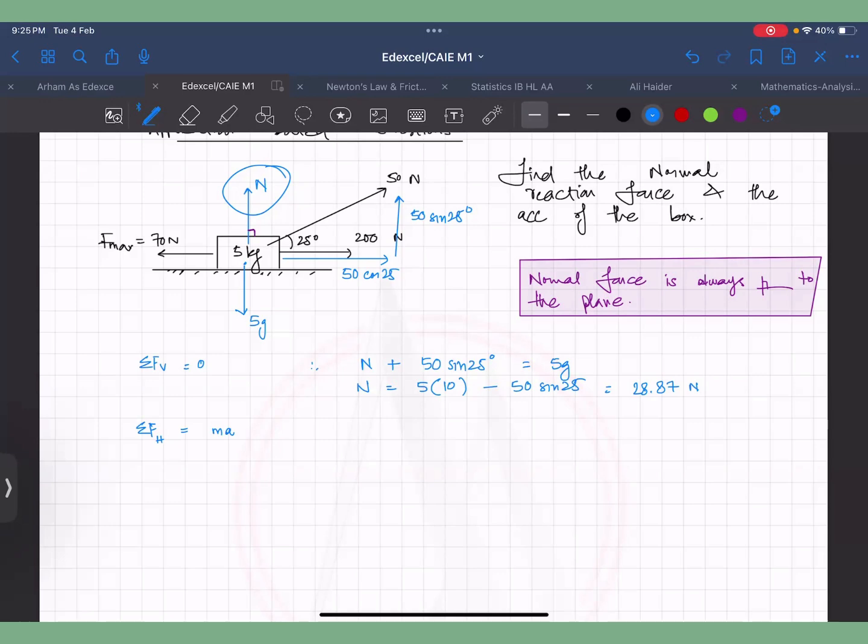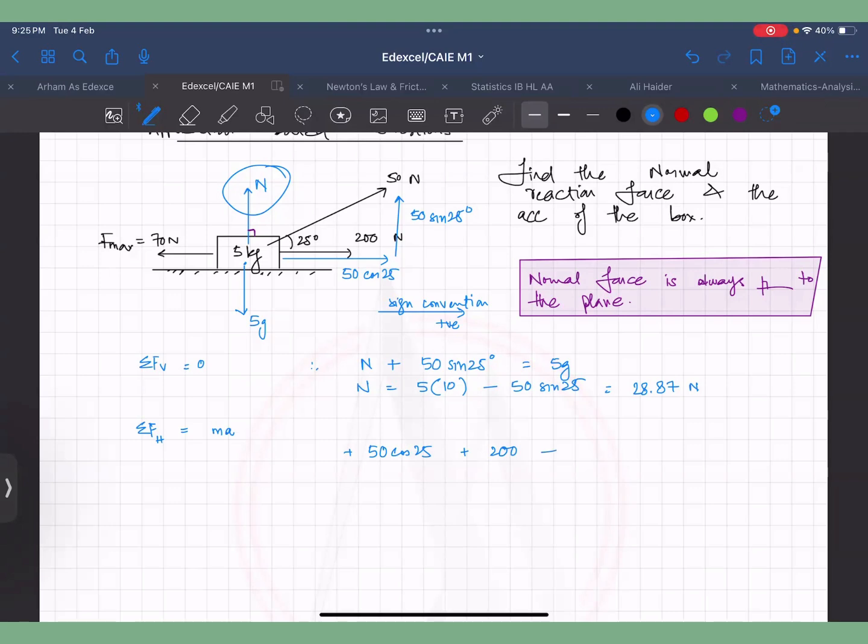Your sign convention, we use right side to be positive and left side definitely to be negative. Sign convention, this is very important. You fix your sign convention so that you use the same reference for all of the vectors. So horizontally you have 50 cos 25 in the positive direction, plus 200, which is also positive in the right side, minus F max.